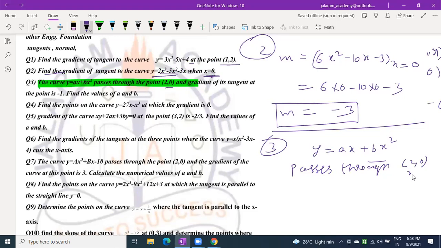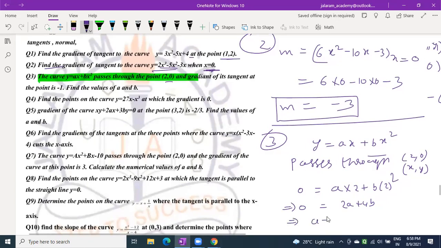So putting x equals 2 and y equals 0, we get 0 equals a into 2 plus b into 2 square. That is 0 equals 2a plus 4b divided by 2. So we get one of the equations as a plus 2b equals 0. Write it as equation number 1.